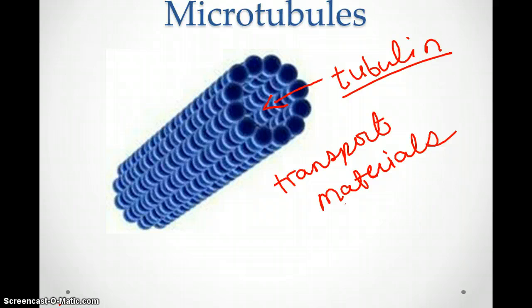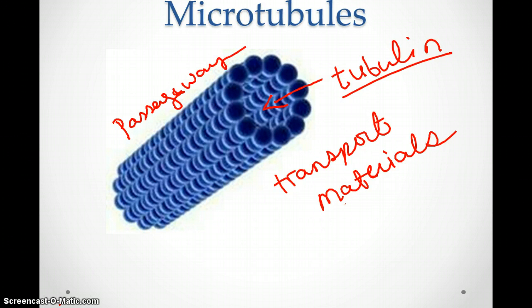They're not thick in terms of macro size, they're thick in terms of micro, so they're pretty thick for the size of a cell. And again, they are made of tubulin protein, and they serve as a transportation passageway.